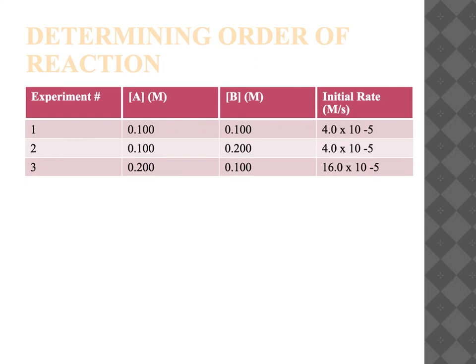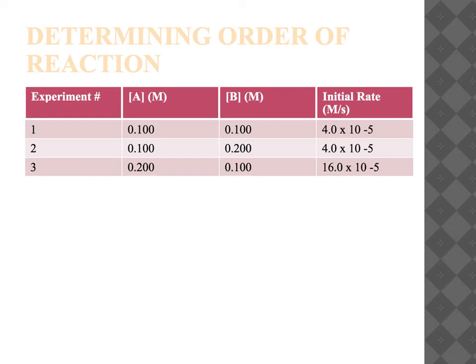Here we have data from 3 experiments where the concentrations of the reactants are varied, and you can see that the rate changes as well. And so to determine the effect of concentration on rate, so that we can determine the order of the reaction in the reactants and write a rate law, what we want to do is pick out 2 trials where one of the reactants changes and the other one is held constant.